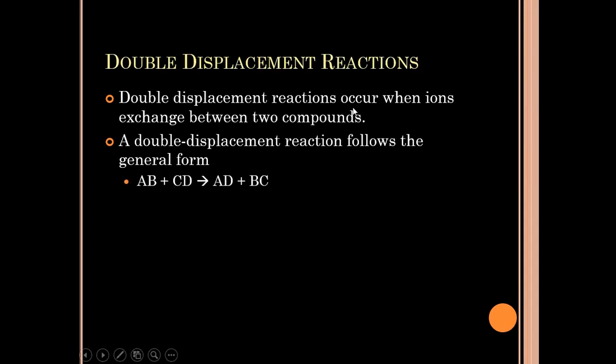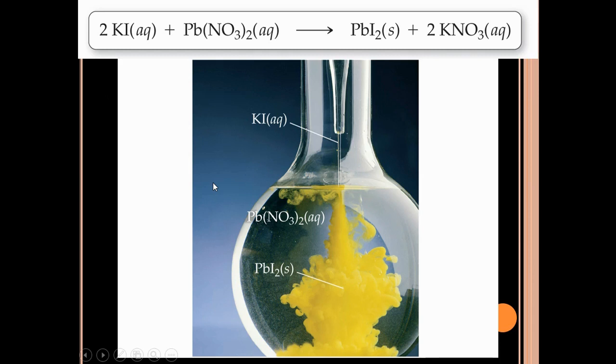Double displacement reactions occur when ions exchange between two compounds, so you get a double swap. An example right here, KI plus Pb(NO3)2, there's literally a double swap. The K combines with NO3 and the Pb combines with I, and you get two new compounds in your products. Notice PbI2 is a solid and KNO3 is aqueous. Today we're going to figure out how to tell if there's a solid formed, because that determines whether a double displacement reaction happens.